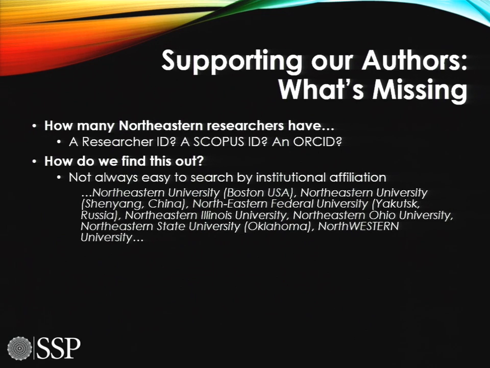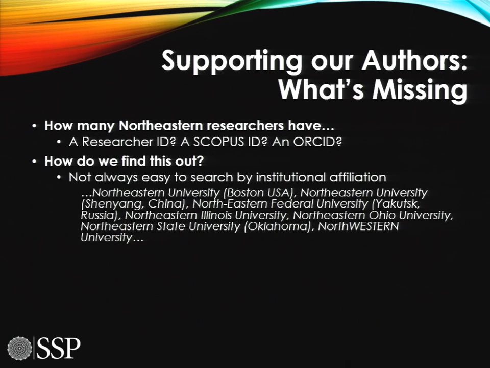So how do we find this stuff out if it's not always easy to search by institutional affiliation? Common sense might suggest that searching the websites of the organizations that create the IDs would be the best way to go about it, but that's not always possible. If you're not a subscriber to Thomson Reuters Web of Science or Scopus, you can't necessarily find out who on your campus has one of their IDs.